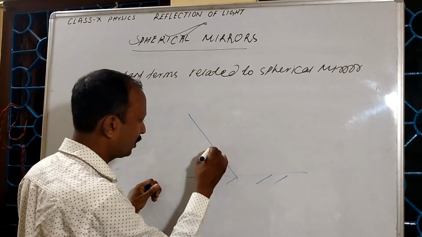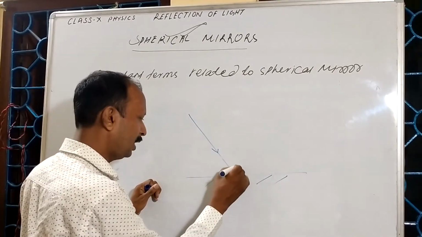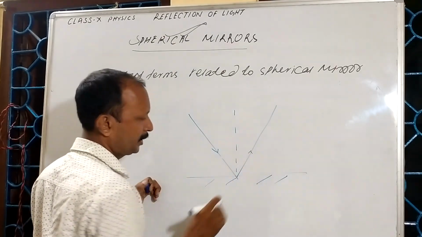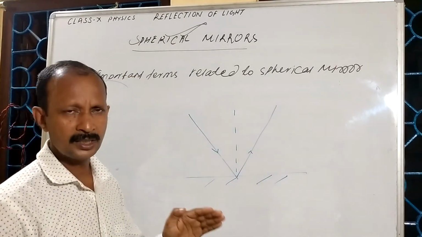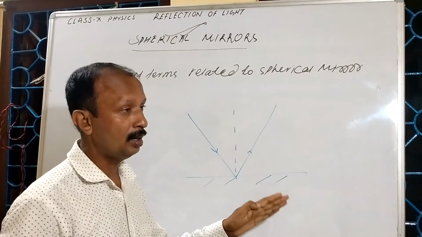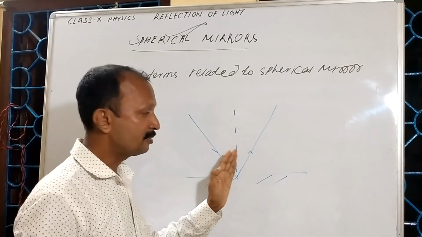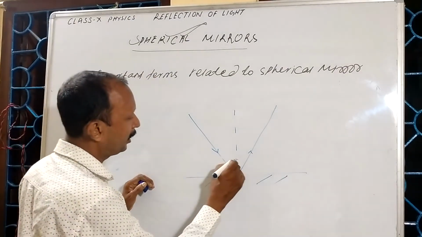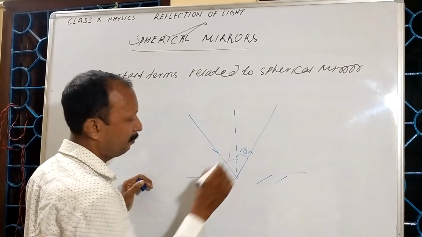This is the incident ray. Easily we can draw the normal, and we can draw the reflected ray. In lower classes, you know, with the help of a plane mirror, how to draw the angle of incidence and angle of reflection. So this is the angle of incidence, this is the angle of reflection.